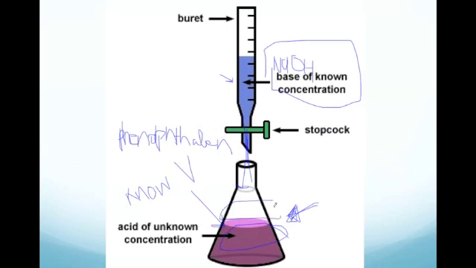So we're going to see this swirling. And when we get close to that neutralization point, it's going to turn pink. So when it turns pink, we know that we've reached that neutralization point. It's called the end point, or the equivalence point. All right, so we'll see that in our next bit.